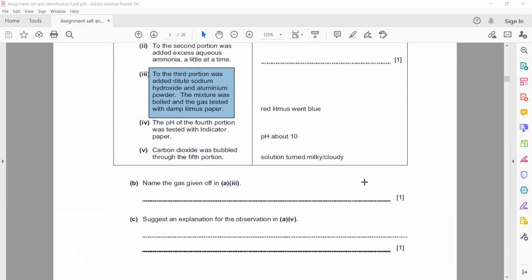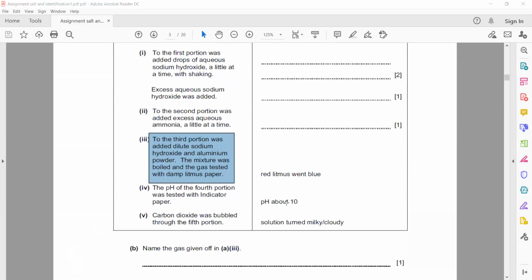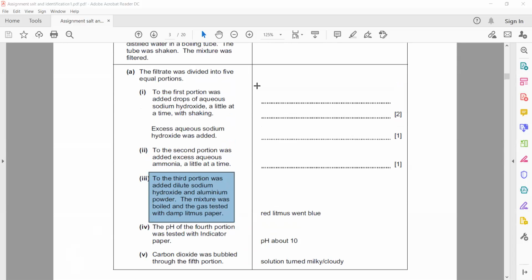So now the question is, name a gas given off in test A3. Which gas is given off in A3 when you add sodium hydroxide and aluminum powder?